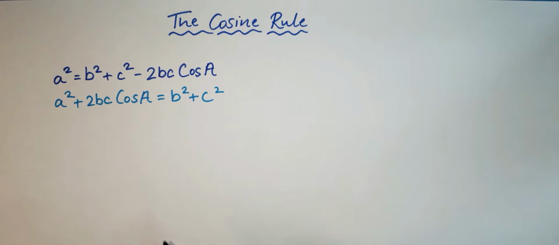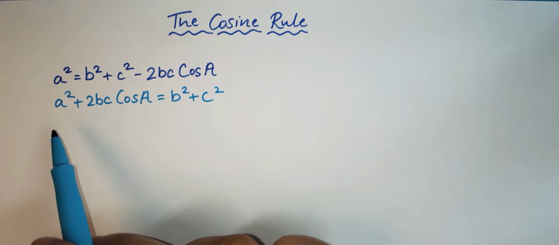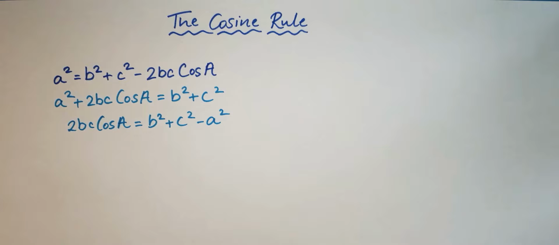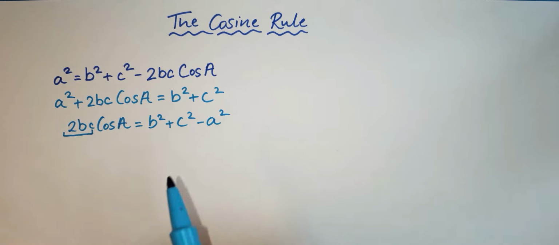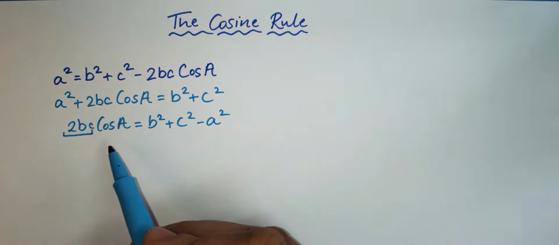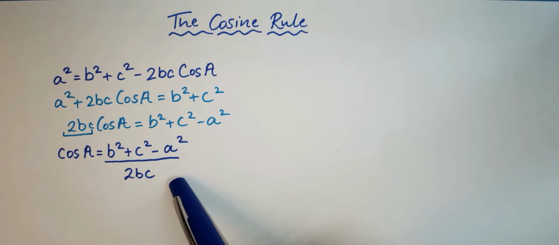So it will now become 2bc cos A is equal to b squared plus c squared minus a squared. And the final step is to move the 2bc over to this side by dividing it, and we'll be left with cos of A. So now we have the second equation, or the formula, for the cosine rule.